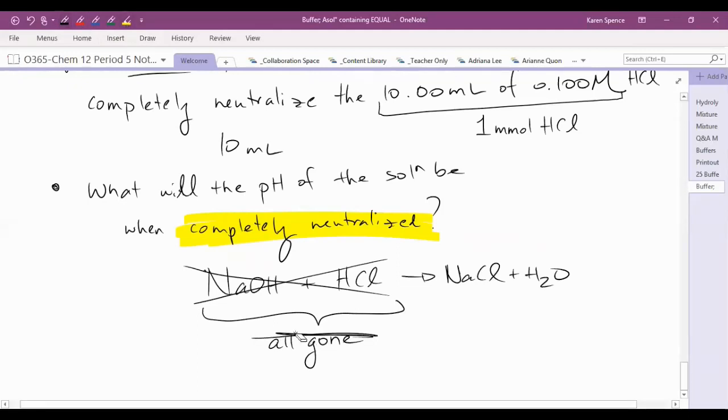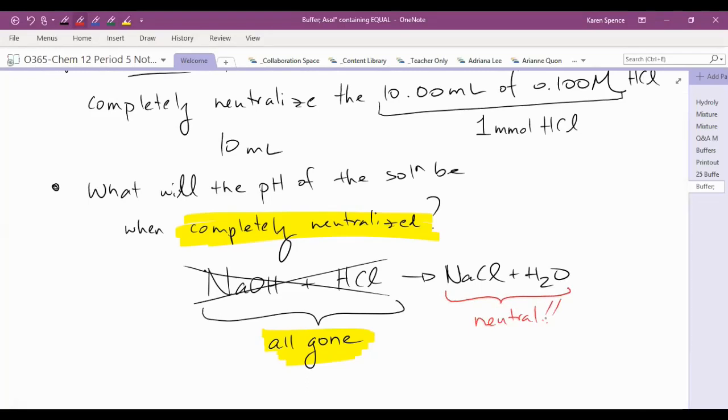Okay, and so the only thing we will be left with is the salt, NaCl, and water, which both are neutral. So our pH at that point is neutral.